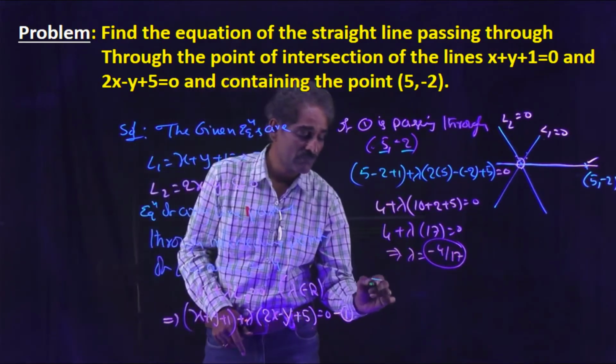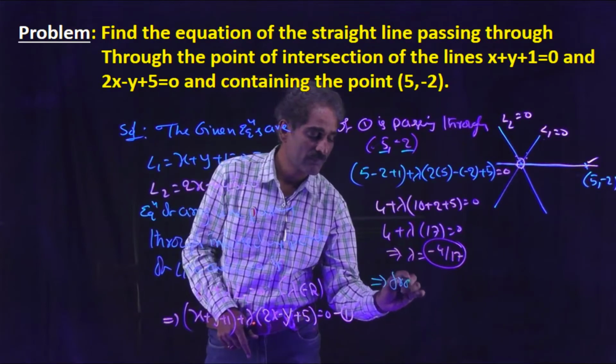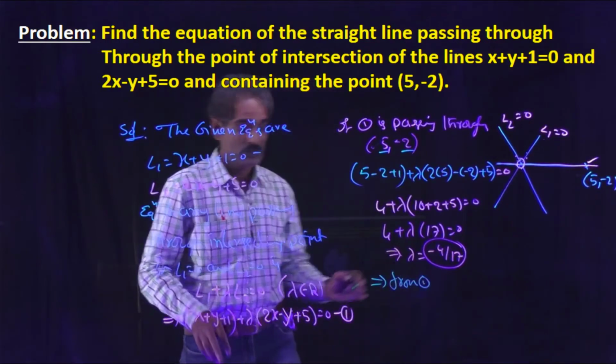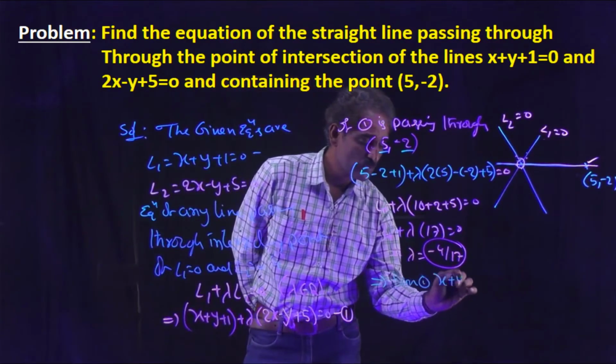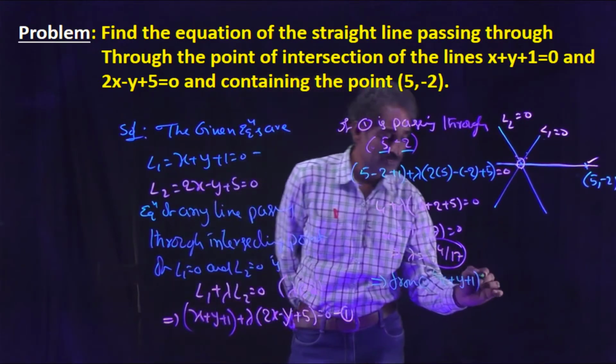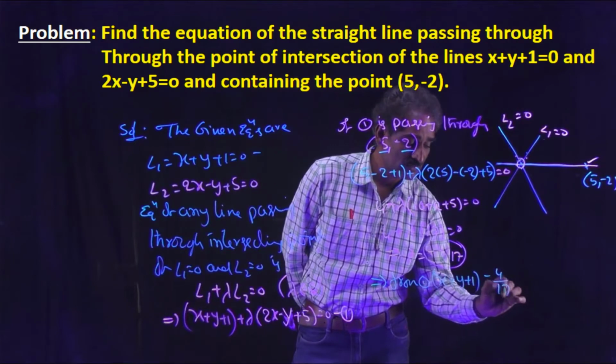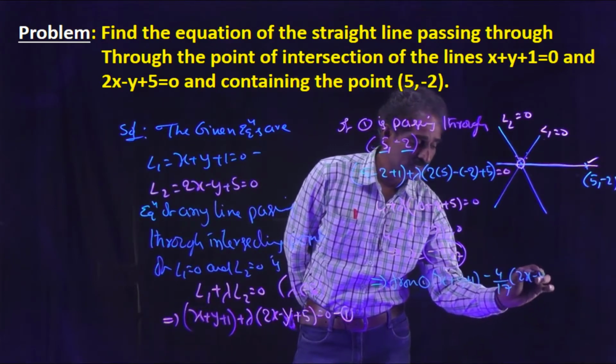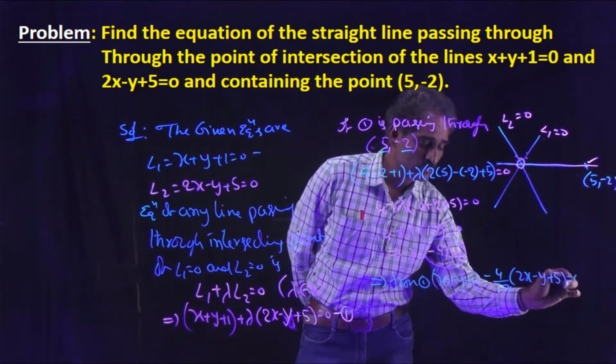So x plus y plus 1, plus lambda value minus 4 by 17 into (2x minus y plus 5), equal to 0.